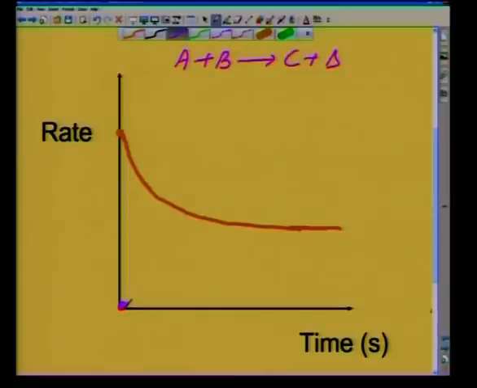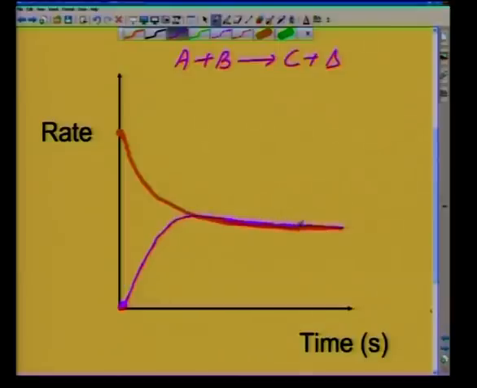As they react together, C and D are forming, and therefore their reaction rate increases with time. It increases with time, slows down as it moves on until the rate of the reverse reaction now equals the rate of the forward reaction.